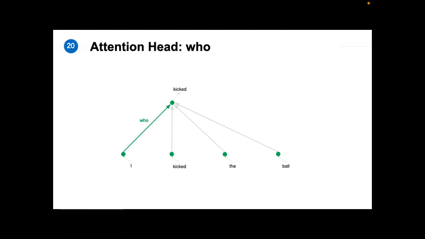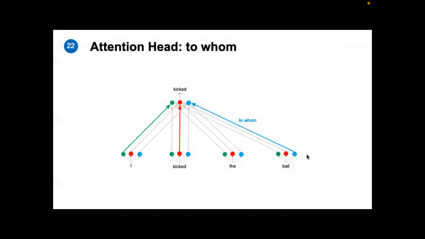You need to know who did it in order to know which conjugation of kick actually gets filled in there. Additionally, if it's the ball and you're trying to fill in the word, odds are it's going to be kicked or maybe through, but it's not going to be ate. It's probably not going to be "I ate the ball" or "I licked the ball." But if it was ice cream cone, then it could be "I ate" or "I licked the ice cream cone."